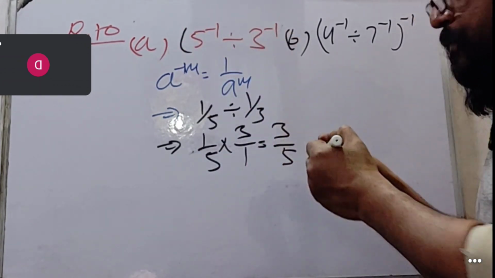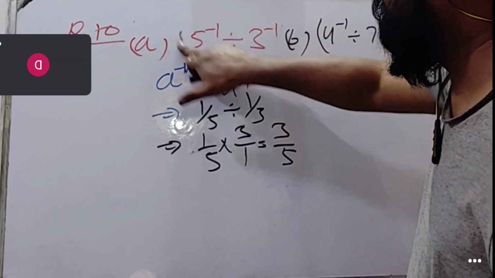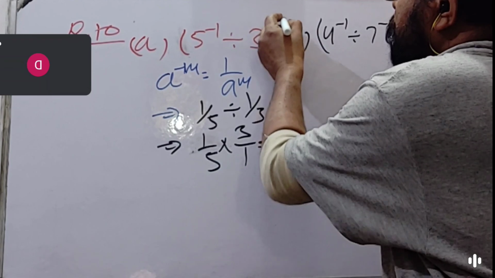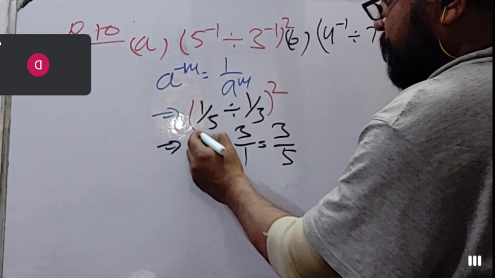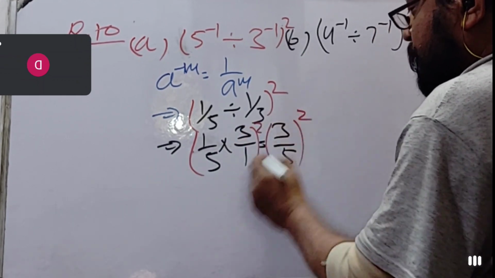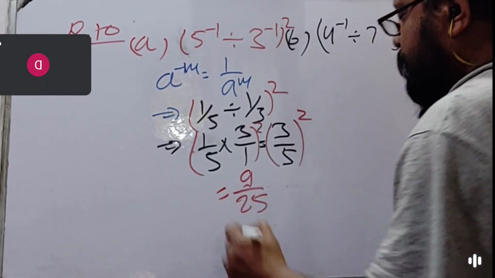Yes, sir. This is whole power 2. Then it becomes in whole power 2. So it becomes 9 upon 25. Is it okay?